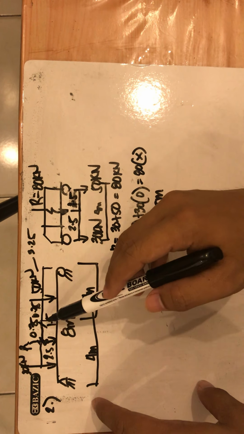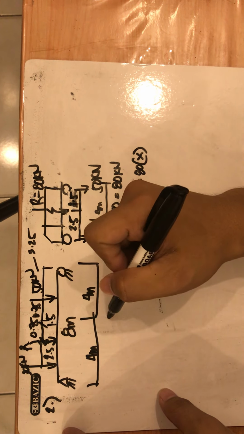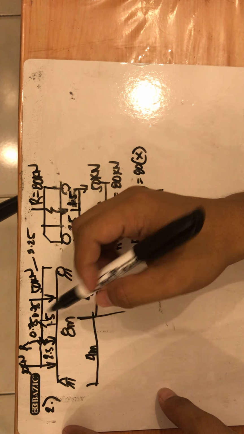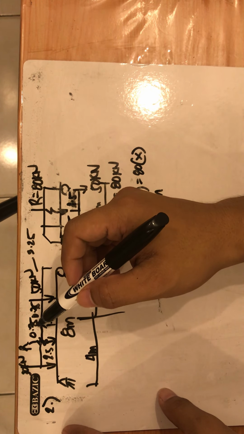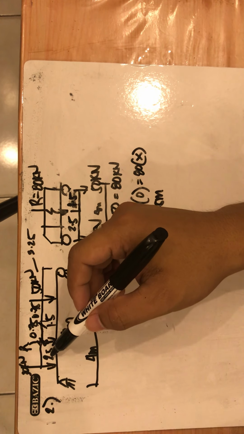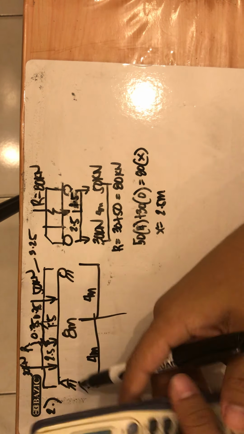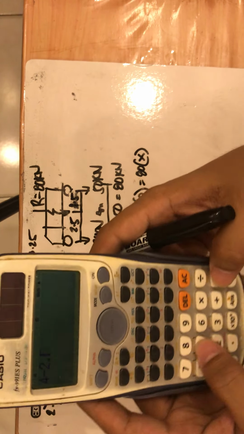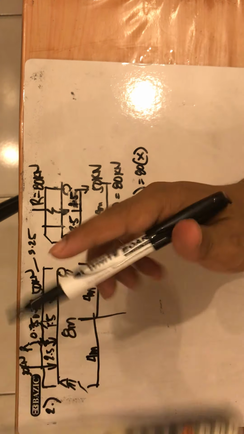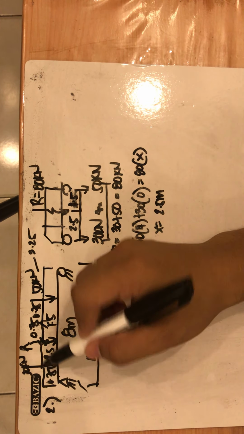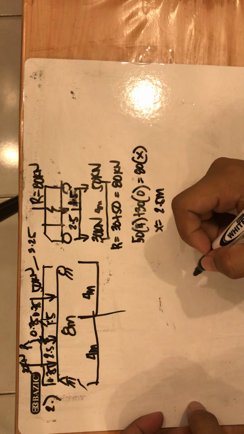Then, on the other side, going to the left, 0.75 plus 2.5. So, what remains here? 4 minus 2.5 minus 0.75, equivalent to 0.75.